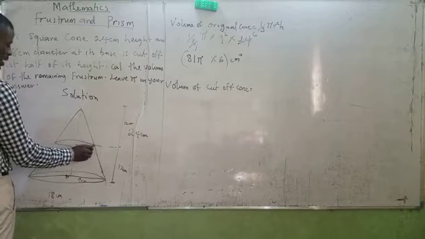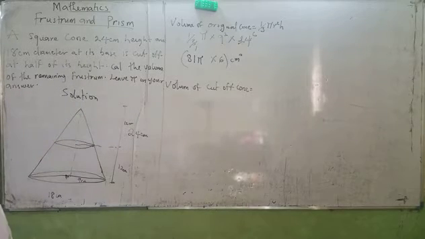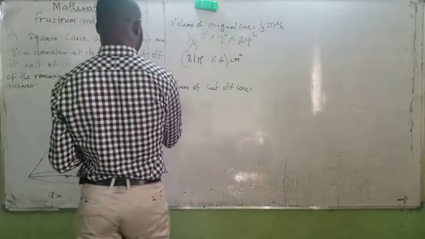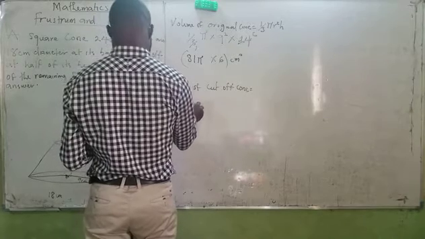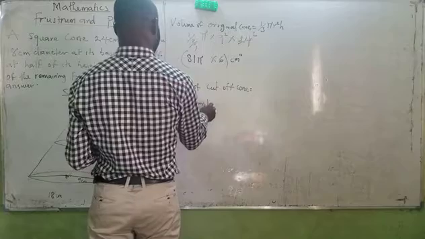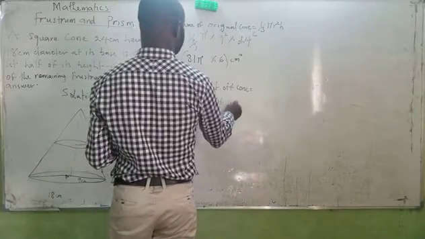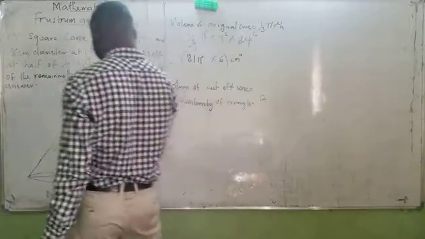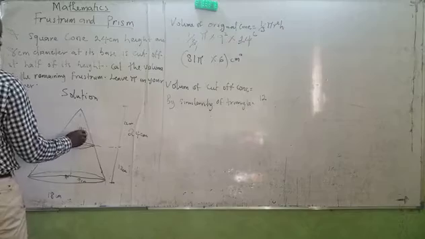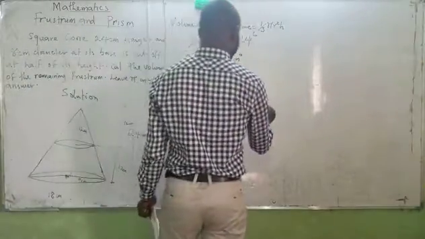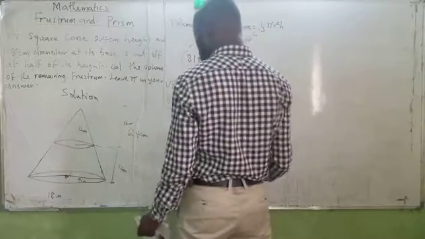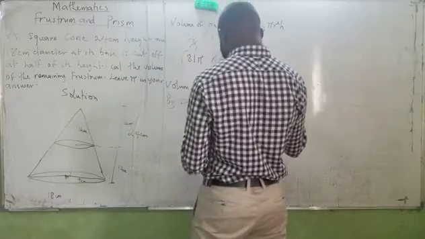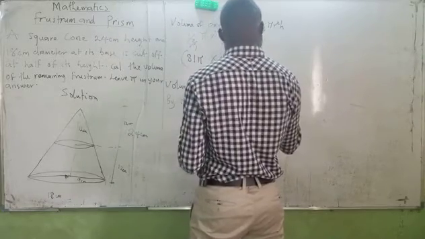Now, by similarity of triangles, 12, because from here to here will be 12 centimeter, divided by R, is equal to 24 divided by 9.